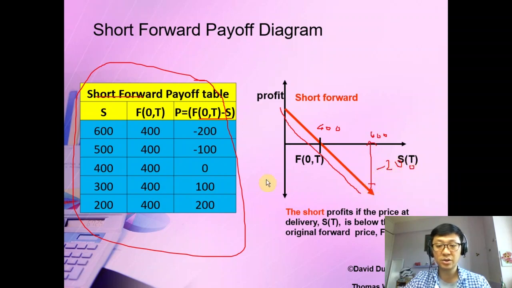That's why it's inversely proportional. So I hope you guys know how to plot the short and long forward payoff graph. It's not too difficult. The y-axis is the profit or payoff, and the x-axis is the variation of the market price.